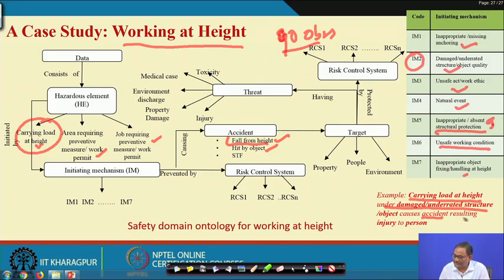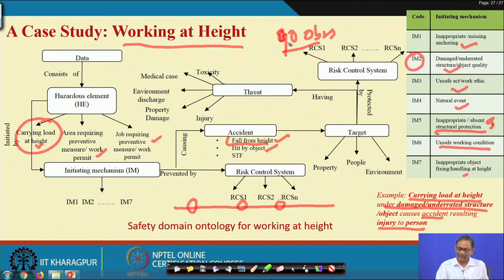It causes a fall from height accident resulting in injury to a person. So, that means the hazard triangle is complete, the line is created: carrying load, the initiating mechanism, and the target and threat.